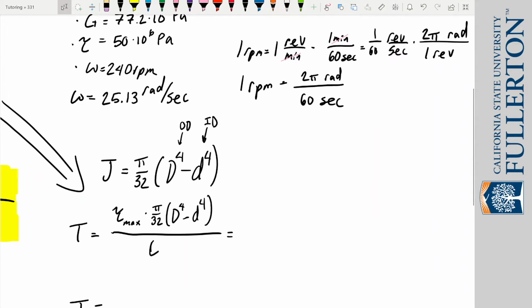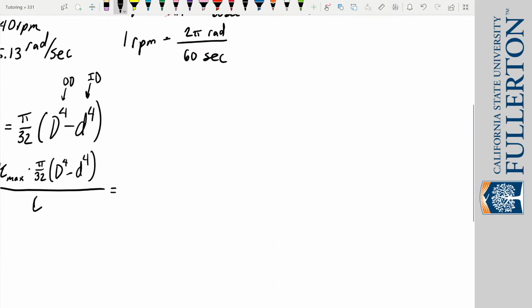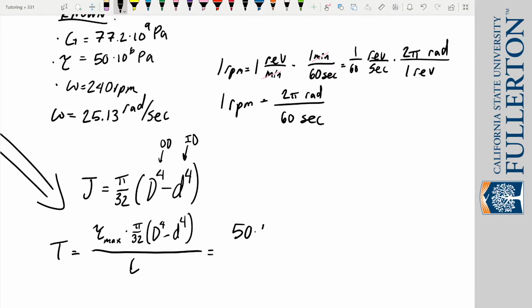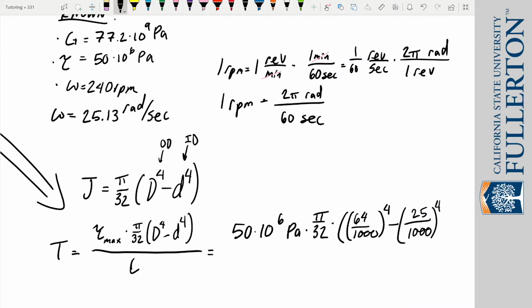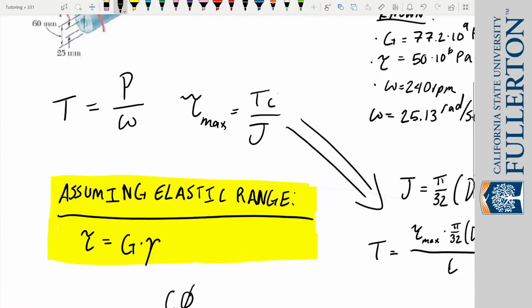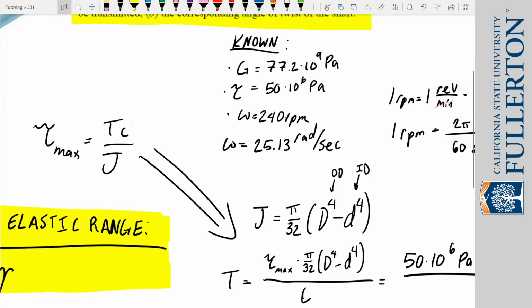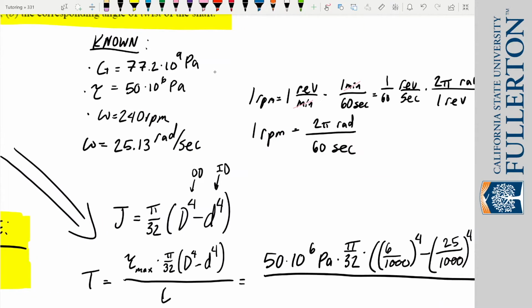Just plugging in our numbers here, our shear stress is equal to 50 times 10 to the 6th pascals multiplied by pi over 32 times our outer diameter of 64 divided by 1,000, so it's in meters, and then our inner diameter divided by 1,000, so that's also in meters, all divided by C. Oh, also this should be 60, not 64.